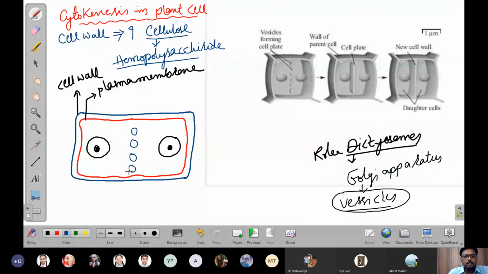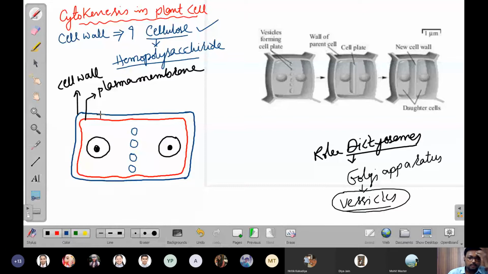Which are filled with which kind of substances? Cellulose, because the cell wall formation takes place with the help of cellulose, and this cellulose is deposited from where? The already existing cell wall.